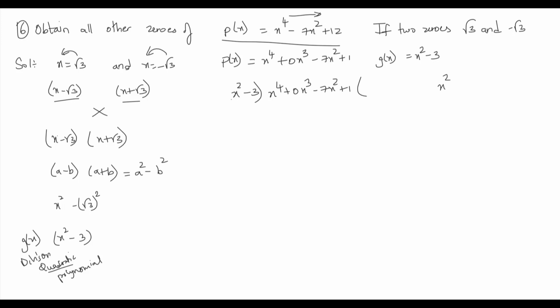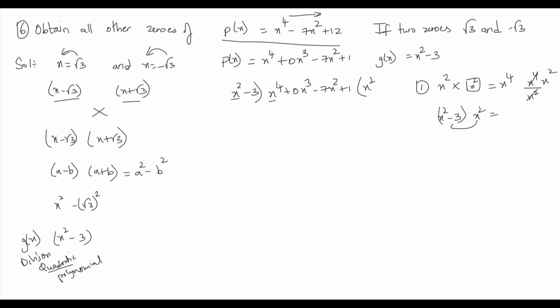Compare x square with x power 4. What should be multiplied to x square so that you will get x power 4? X power 4 divided by x square, you will get x square. So it is x square which should be multiplied. Hence x square minus 3 should be multiplied by x square.